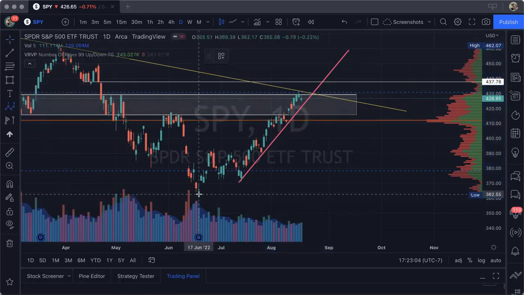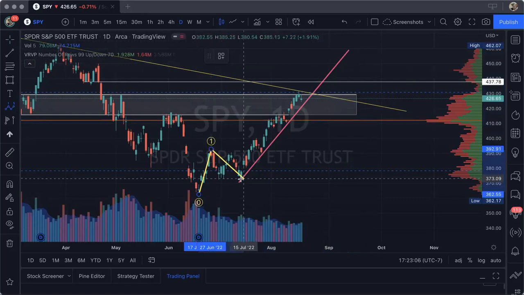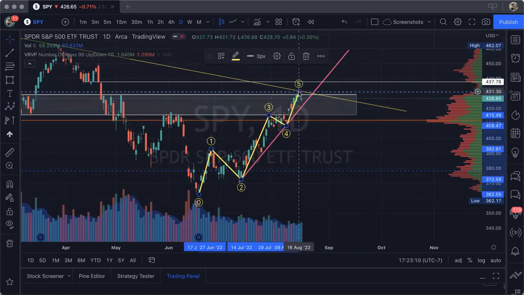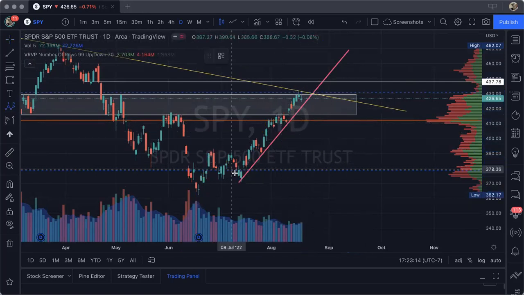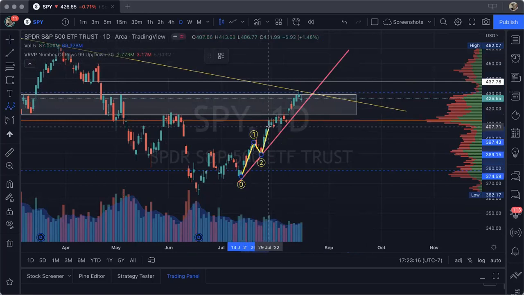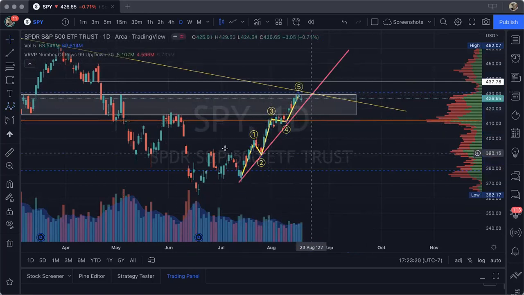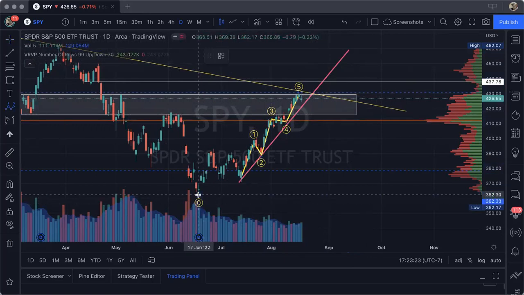So if you look at this 1, 2, this could be a small 3, 4, 5. But you could even argue that there's this in here, 1, 2, 3, 4, 5, which means that's probably our wave 3, right?